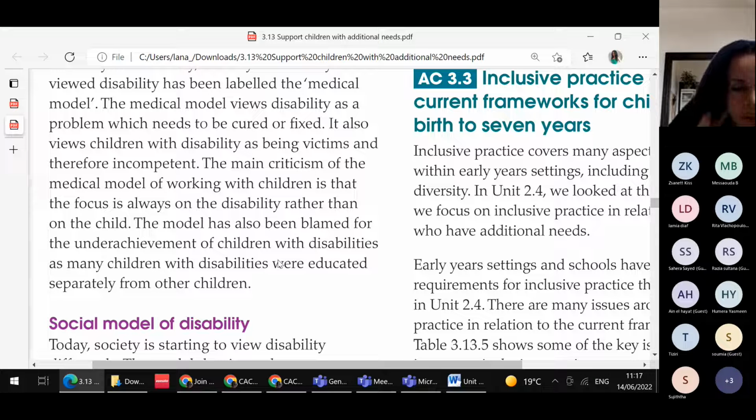This model has also been blamed for underachievement. Why? Because we don't give the child enough opportunities. We focus on their disabilities only, so we educate this child separately from other children. How about the social model?